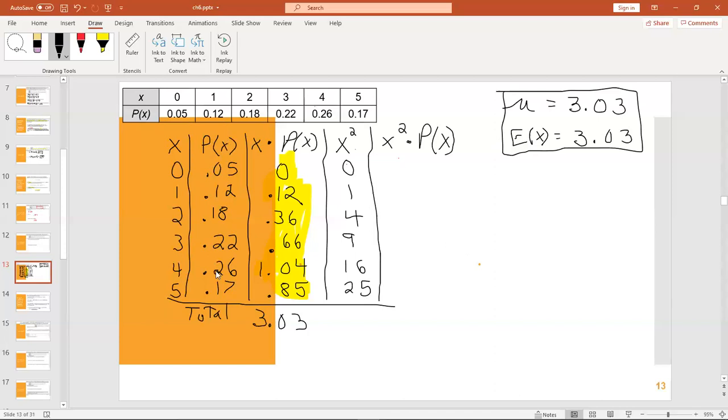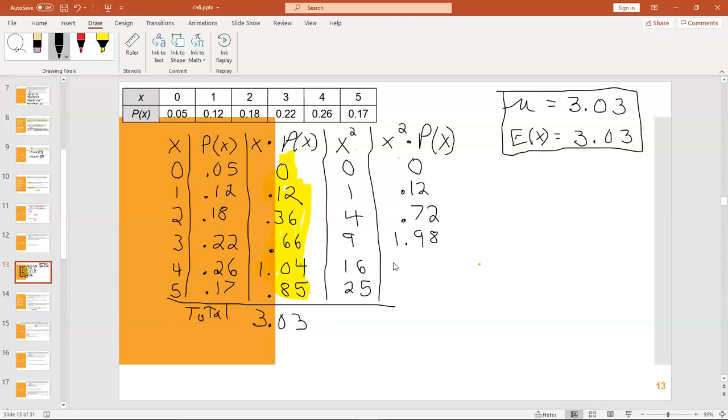Now we're going to multiply the probabilities, the p of x's, times the x squared. So that's what's going to go over here. 0.05 times 0 is 0. 0.12 times 1 is 0.12. 0.18 times 4 is 0.72. 0.22 times 9 is 1.98. 0.26 times 16.